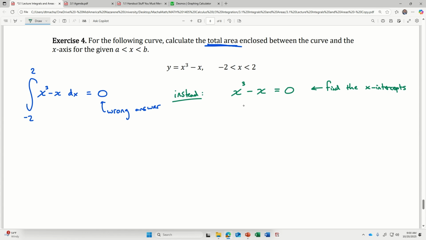One of them happens at x equals 0. How do I factor x squared minus 1?